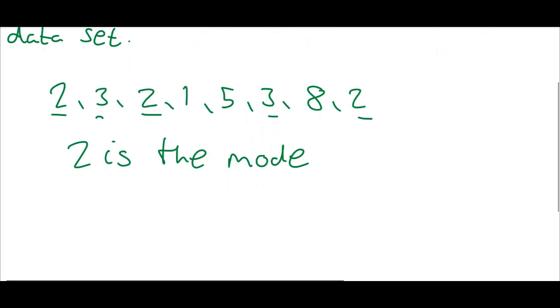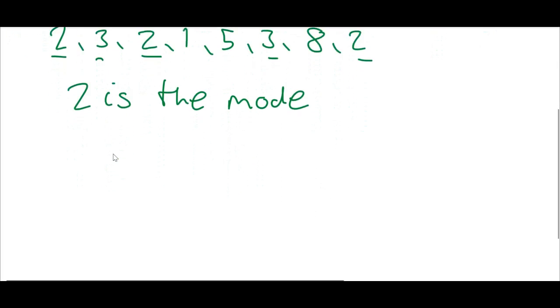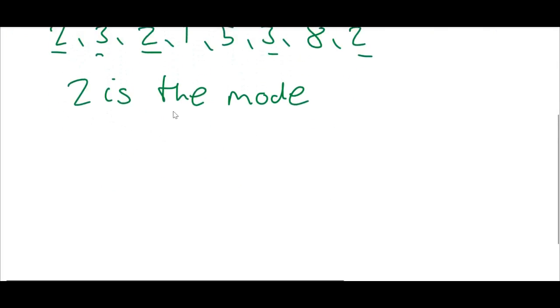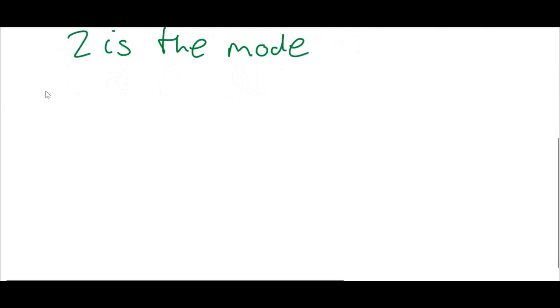Now what I want to do is give a data set and find the mean, the median, and the mode and see how close they are. This set is going to be the number of goals scored by players on a full team in a season. So we've got 11 data points, let's say.